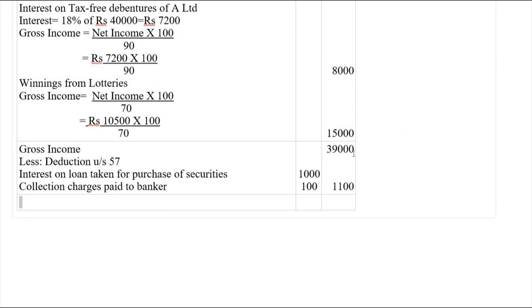When we subtract 1,100, the result will be income from other sources: 37,900. This is the answer. Let me write a note here, as we should provide all possible notes.